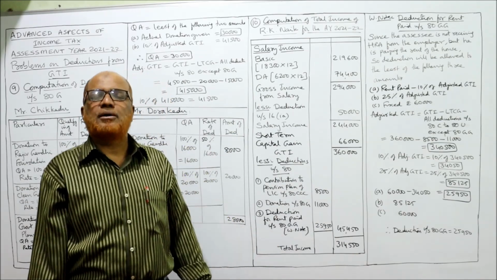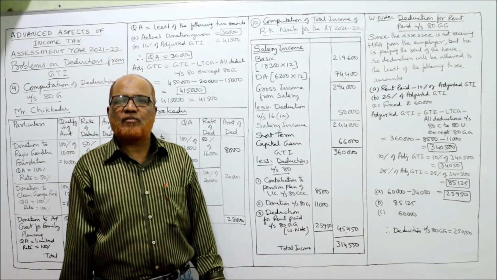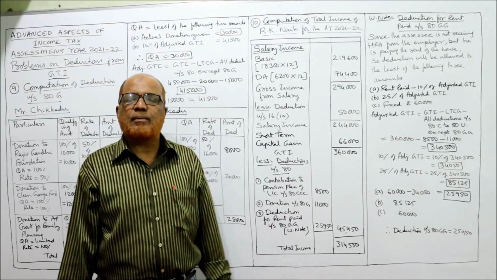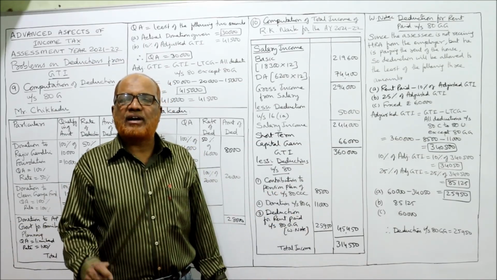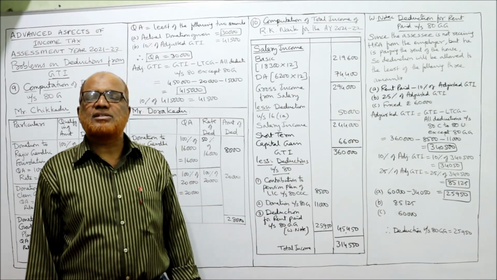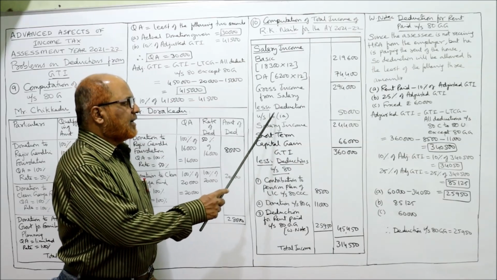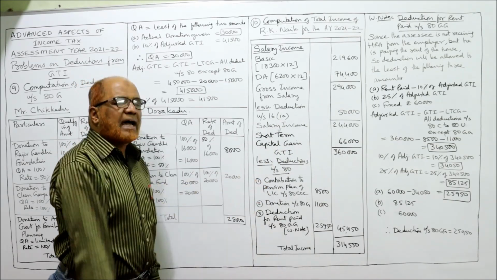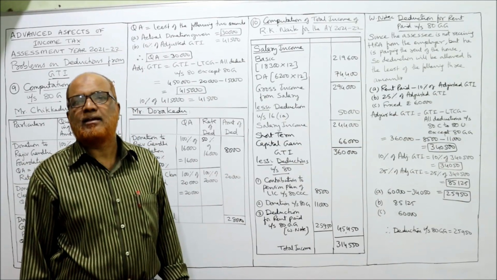Third, 16(3), profession tax paid. If the SSC pays profession tax, deduction under section 16(3) will be allowed. But in our problem, no profession tax, no 16(3). So only one deduction is allowed, the standard deduction under section 16(1)(a), 50,000. So deduct, and 2,44,000 is the income from salary.